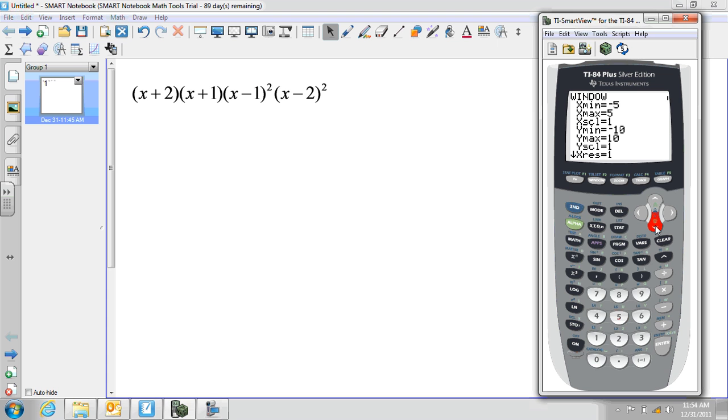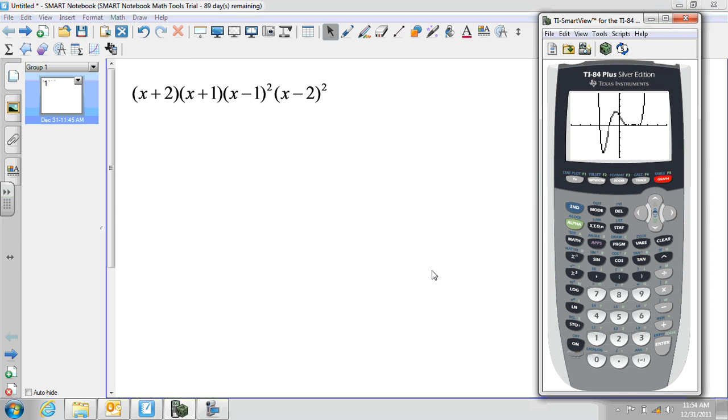But my Y's I was really unclear about. It looked like they might go down pretty far. So I started out with a -25 and then a +25. And I changed the scale on that to 5 so it would be a little bit easier to follow the notches. And then I pushed Graph as opposed to Zoom 6. And sure enough, it made it look a little bit better.